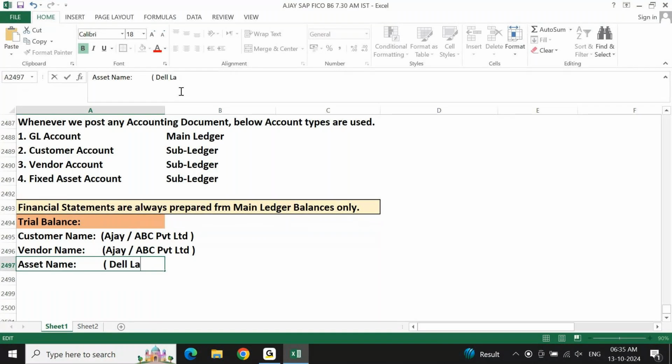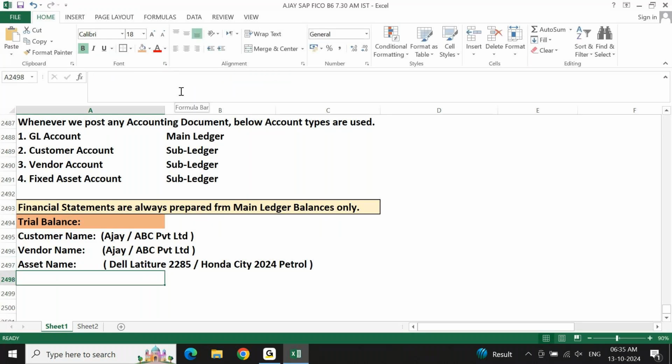For example, Dell Latitude 2285, or let's say Honda City 2024 petrol, something like this. Anybody saw this in any TB, any balance sheet? No, sir.